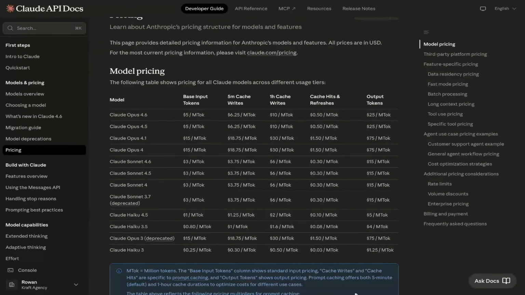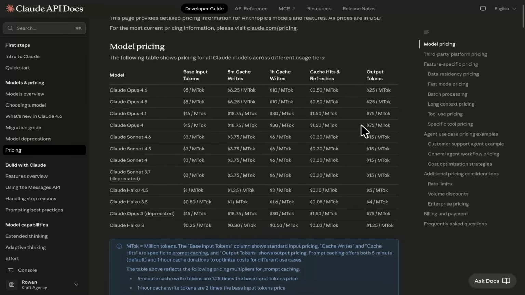Opus 4.6 is $25 for 1 million output tokens, and Claude Sonnet is $15 for 1 million output tokens. I'm not sure, I'm not an expert, but they're likely making less of a loss when someone uses Sonnet, because the model is much cheaper for them to run. So what does that mean? They don't really want people to use Opus at the end of the day.